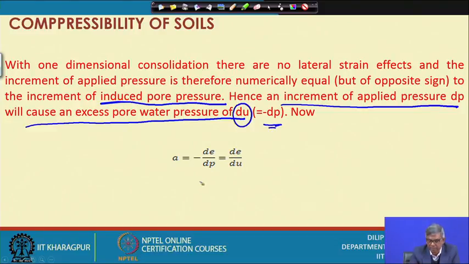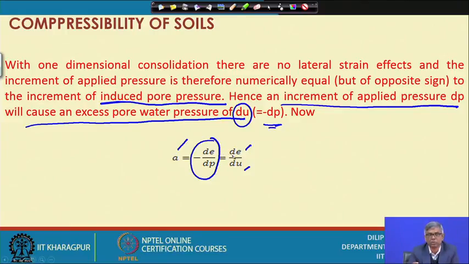So, if I do that, then we know de by dP equal to a, and that will be equal to de by du. So, we have got actually initial e versus pressure relationship, de by dP is a, and here we can write de by du in this form.